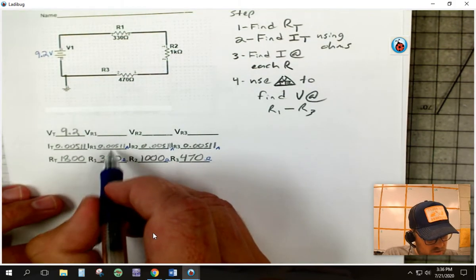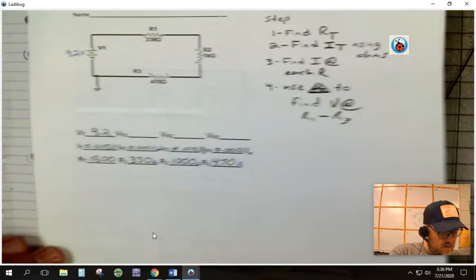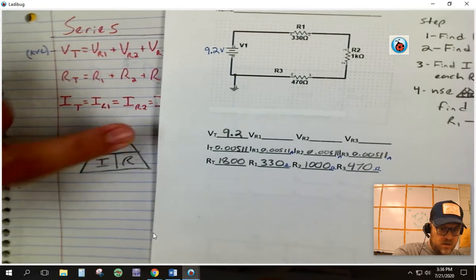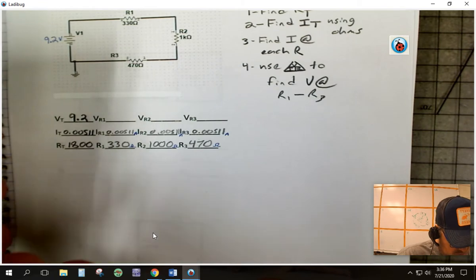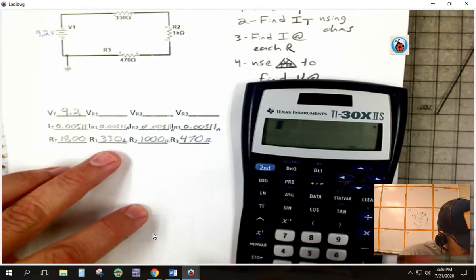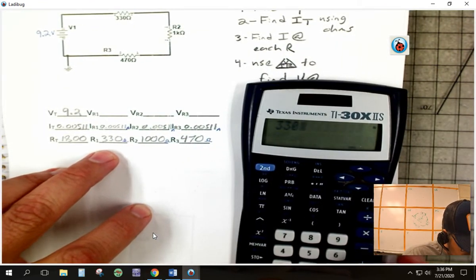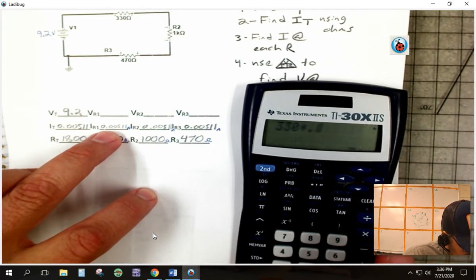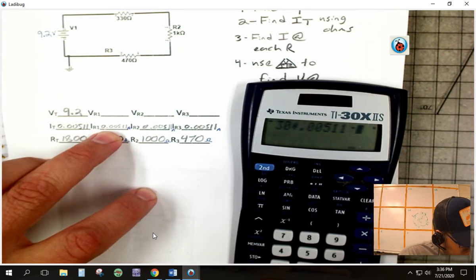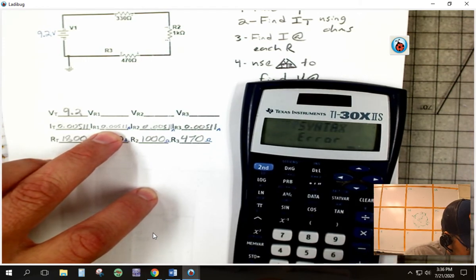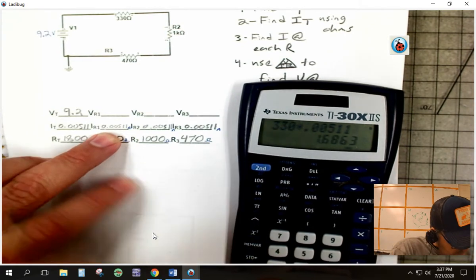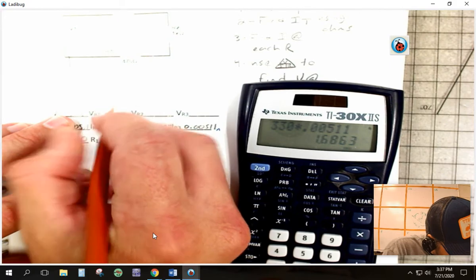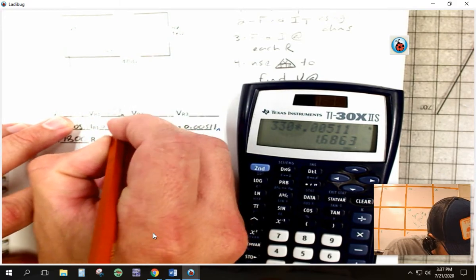So now let's look back at my Ohm's law. If voltage is what I want, I multiply I times R. So I come across here and I just go, boom. 330 times 0.00511 equals 1.68.